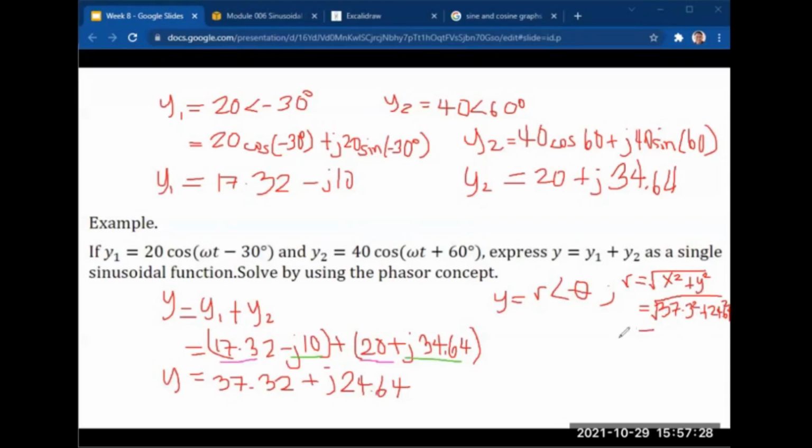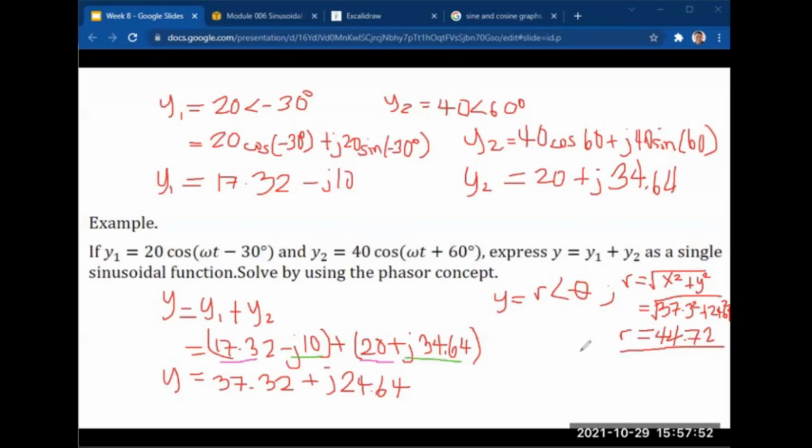So R now will be equal to the square root of 37.32 squared plus 24.64 squared, which is 44.72. Okay, so this is for R.